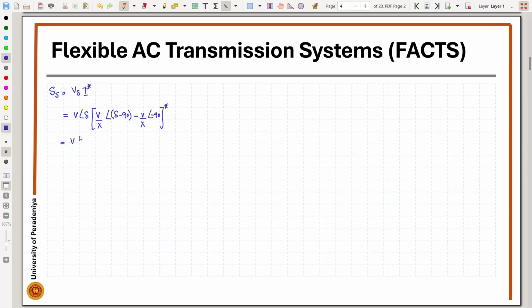So we can write V angle delta times V over X angle 90 minus delta, and we have V over X angle 90. So we are going to get V squared over X angle 90 minus V squared over X angle 90 plus delta. So we can get PS and QS.